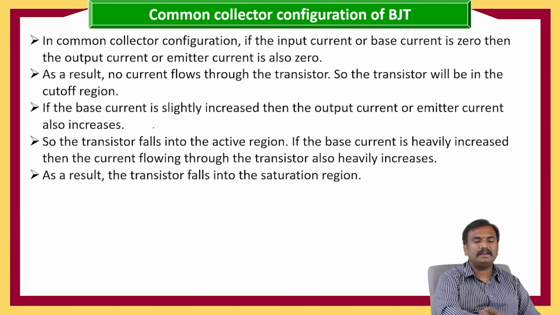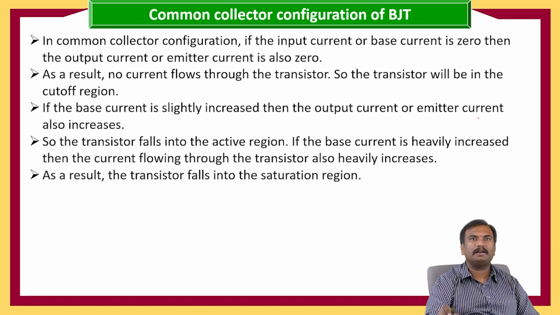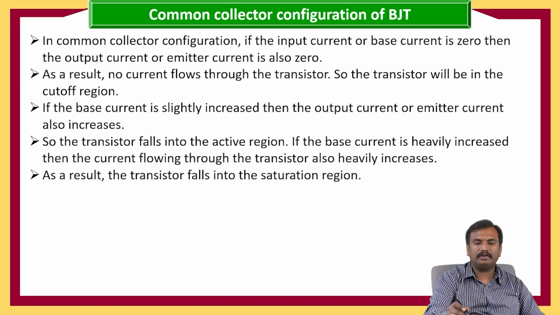And if the base current is slightly increased, then the output current or emitter current also increases. So the transistor falls into the active region.